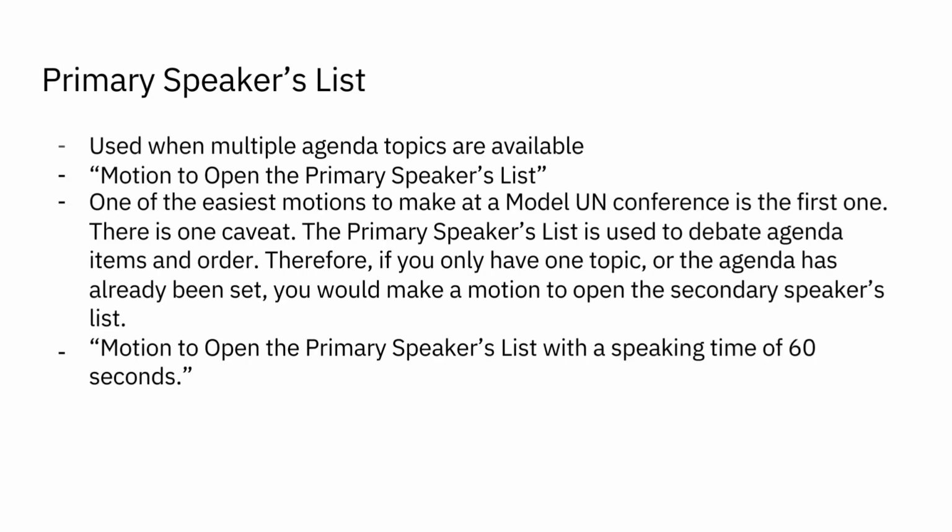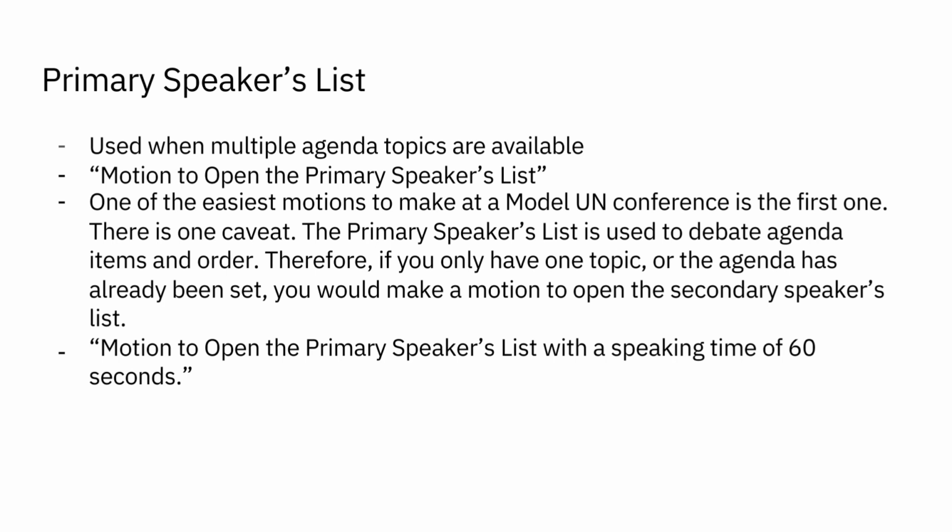The primary speakers list is used when multiple agenda topics are available. Say, for example, you have one on climate change, one on weapons, one on exploring space. There are so many different topics in your committee, maybe with a bunch of different countries represented.